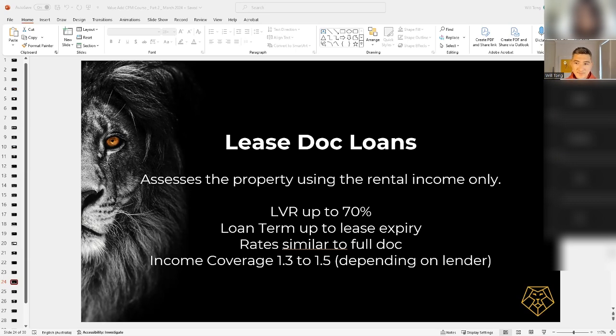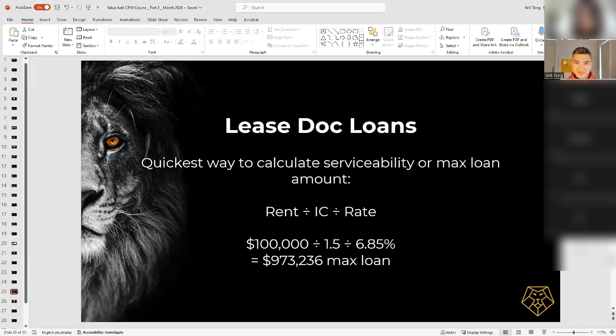In terms of how this lease doc is calculated, the quickest way to work out how much you can borrow on a property is to look at the net rent, divided by the income coverage, and then divided by the interest rate. So using this example, let's say you found a warehouse or a shop that's currently paying $100,000 in net rent.